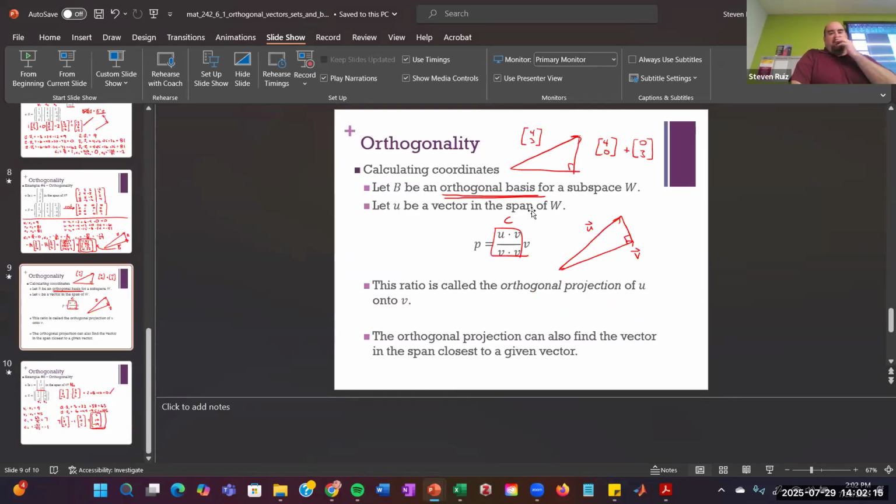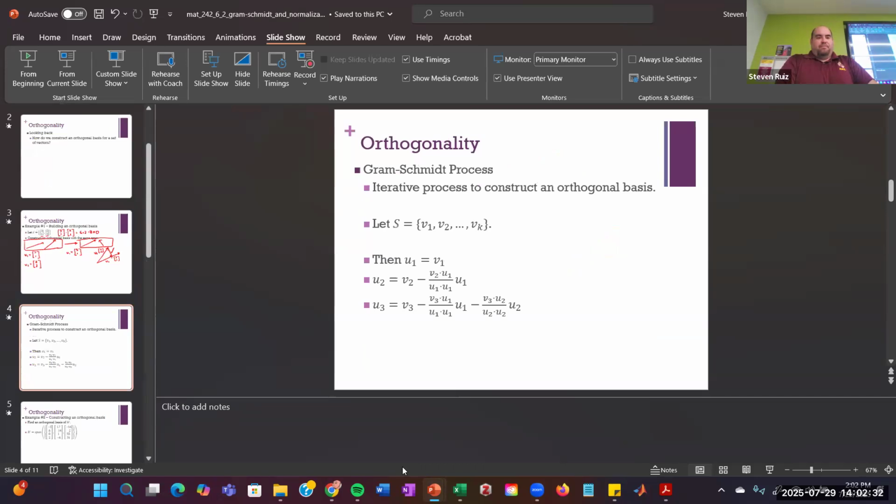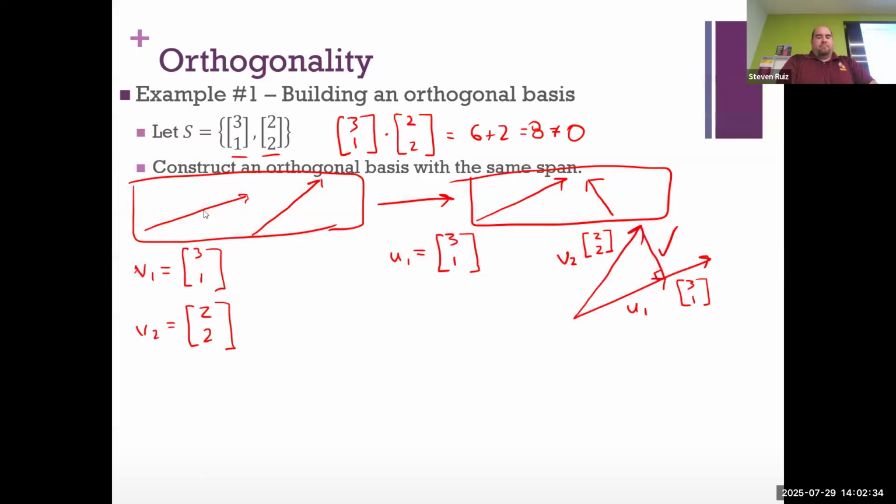Basically, what we're looking for is this thing here, U dot V over V dot V. That is going to give me a scalar multiple of the vector that I care about. So what are those dot products going to be?